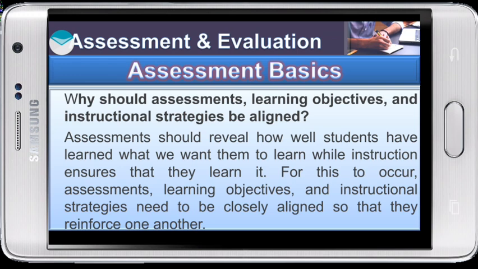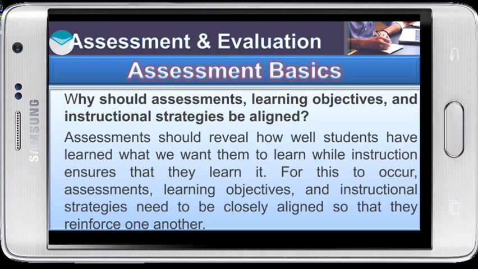For this to occur, assessments, learning objectives, and instructional strategies, means teaching, okay, methodologies and strategies, need to be closely combined, aligned, united, so that they reinforce one another.